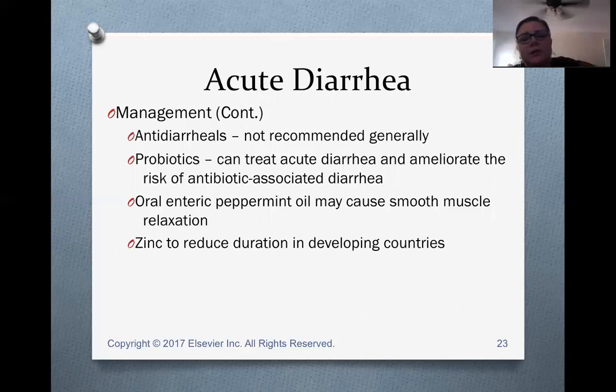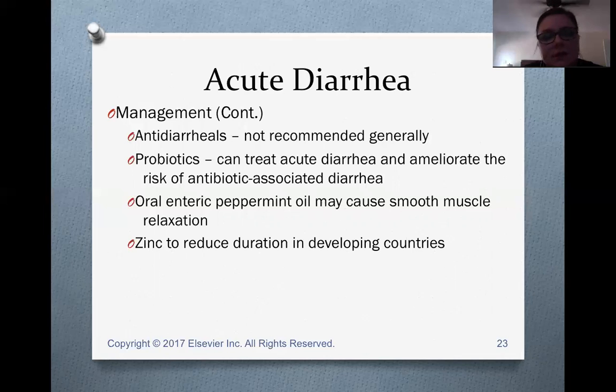We don't recommend anti-diarrheals such as Kaopectate and Imodium and things like that, because of the possibility of the diarrhea being a bacterial infection, and truly that bacteria needs to get out of the body. And so we don't want to stop the body's natural process of eradicating that bacteria, because kids can get really sick with those toxins that the bacteria are producing.